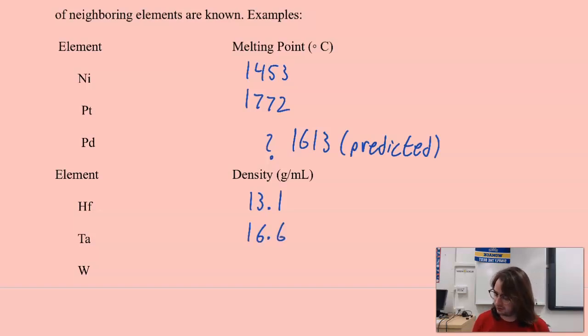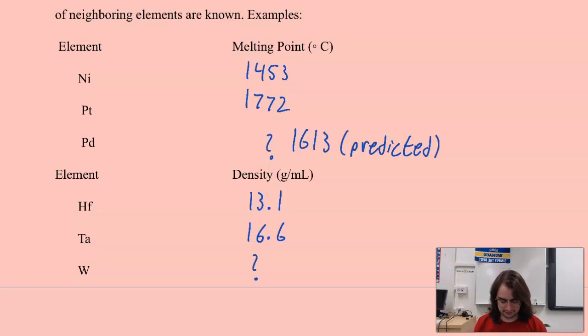So we want to try and figure out what tungsten's density is. Hafnium, tantalum, and tungsten are all next to each other on the periodic table, one after the other. So we can use this as a way to guess: if the difference between the two is the rate at which they're increasing, then maybe that rate is the same.